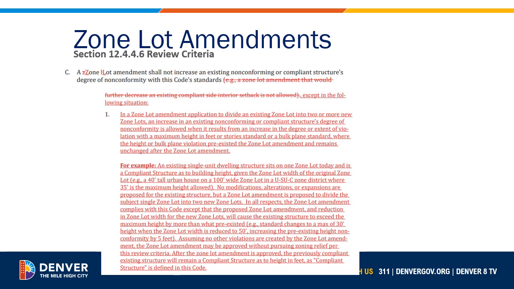C follows the same logic but relates to an existing non-conforming or non-compliant structure's degree of non-conformity. This exception, again, only applies to height and bulk plane standards. It gives the example where an existing single-unit dwelling structure sits on one zone lot today and is compliant as to building height. This could be, for example, a 40-foot tall urban house on a 100-foot wide zone lot where 35 feet is the maximum height.